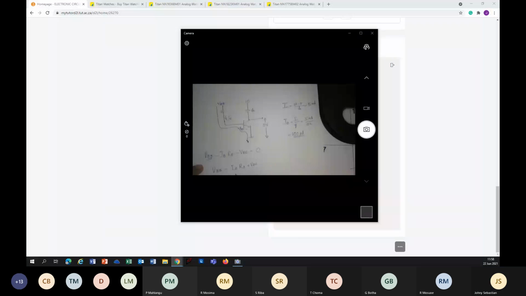This is 100 micro times, how much is the value of RB? 10K. 10 kilo ohm.